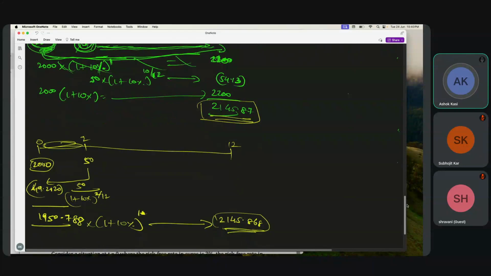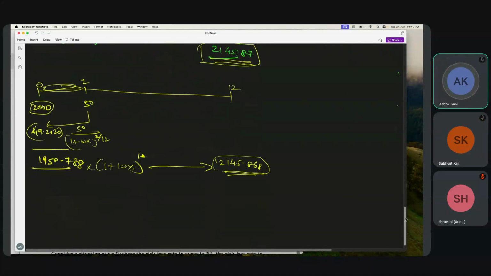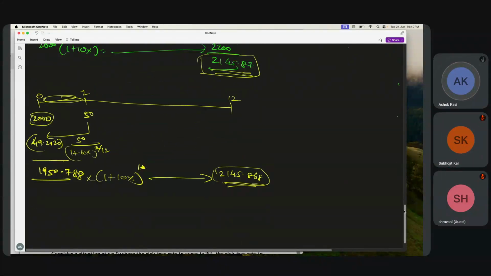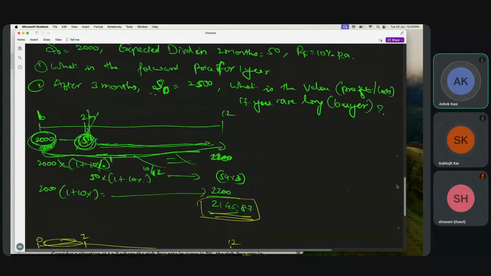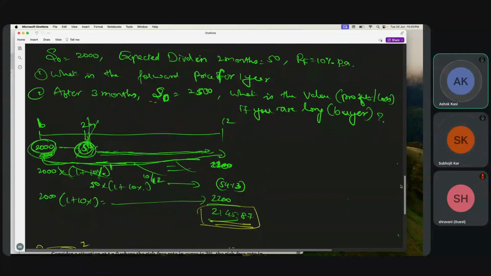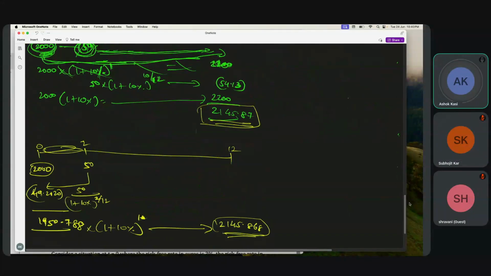Is it okay? Just a minute. You want to write it down? No, I'll just see it once. Shravani, have you understood this one? Yes, sir.